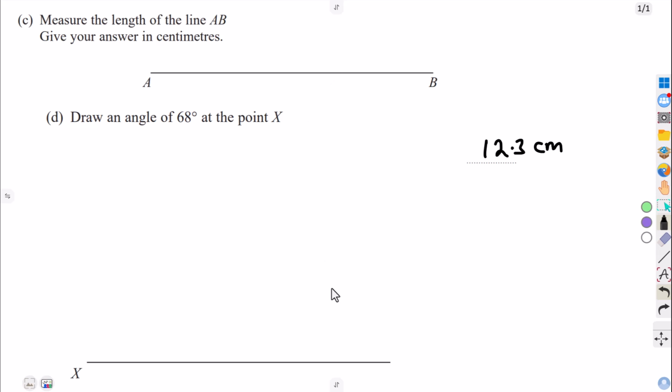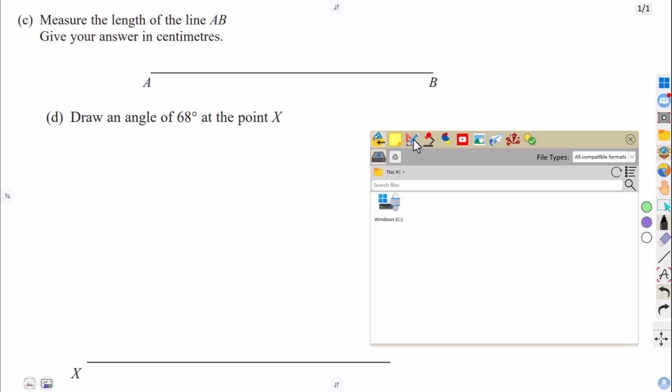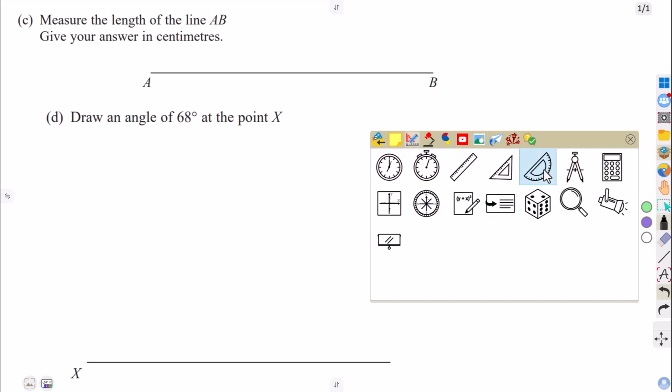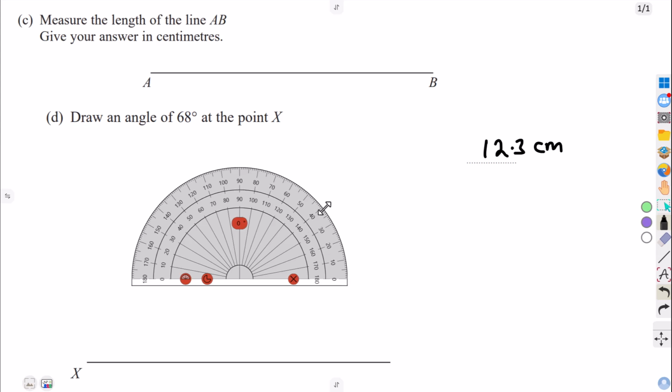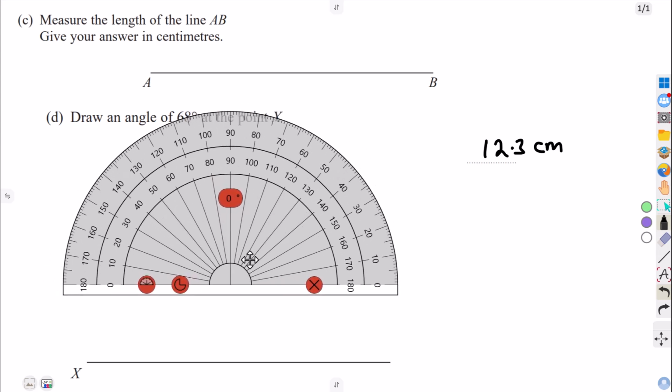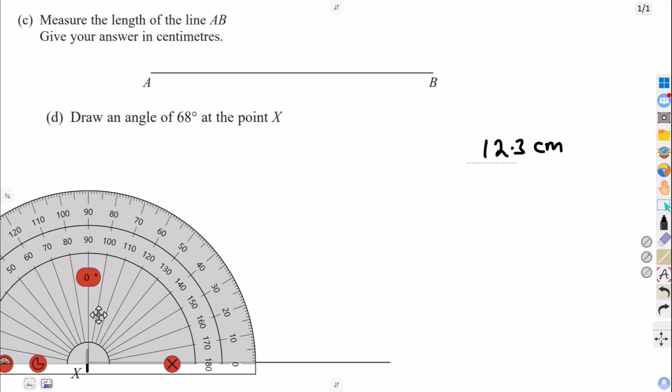And of course for B, we want to draw the angle 68 on X. All right, so the first thing I do, I need to get all my tools ready. Of course I'm going to get this tool, and make it a lot bigger so I can see it. I'm going to place the center mark here on the point X, but I have to draw a line so that I can easily notice where I need to draw my line. So I'll place it right there.